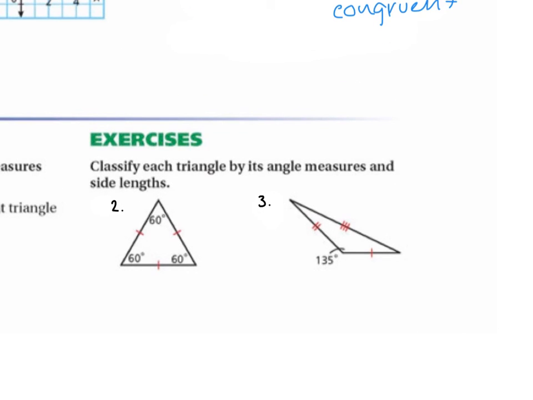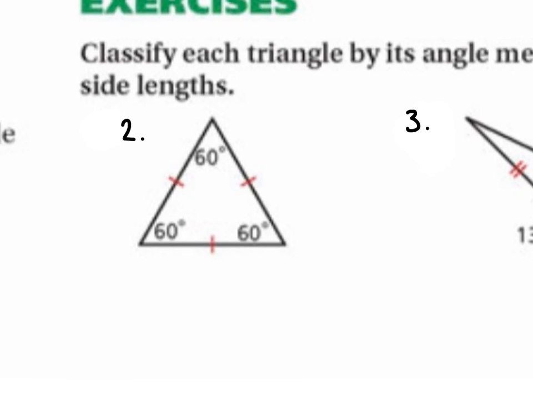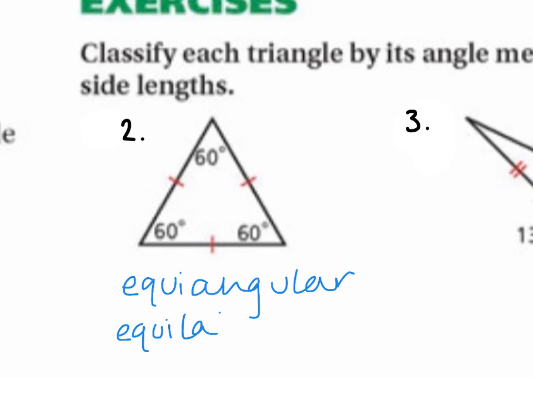So classify each triangle by its angle measures and side lengths. So how do we classify number 2 by its angle measures? Equiangular. And how do we classify it by its side lengths? Equilateral.